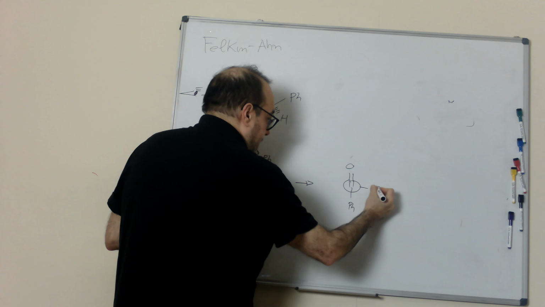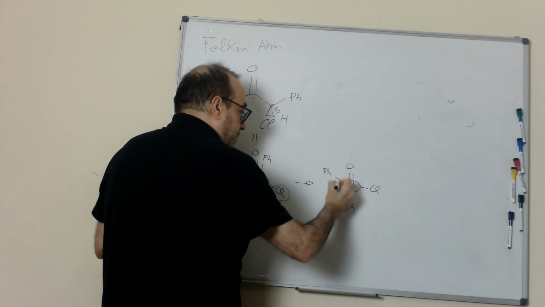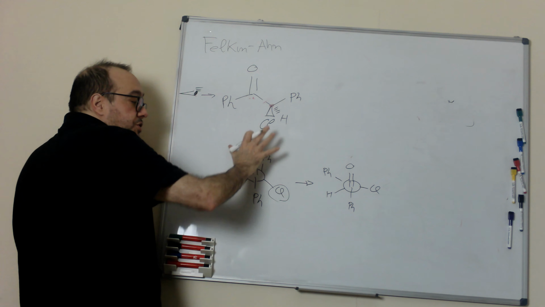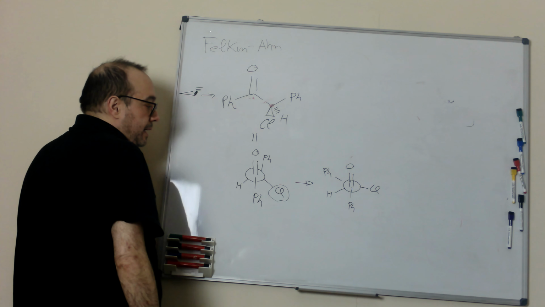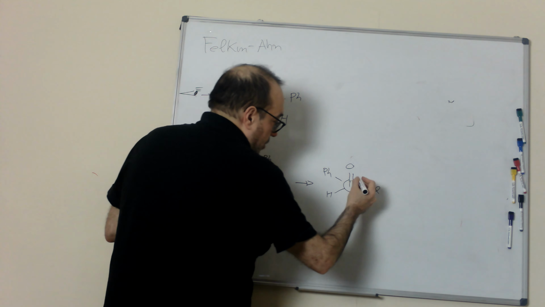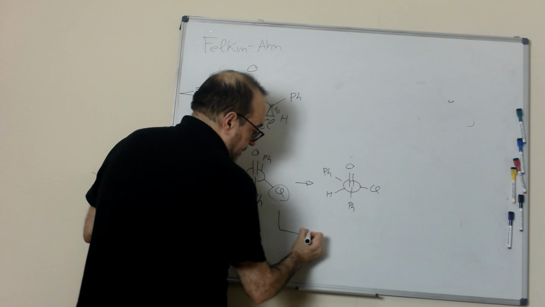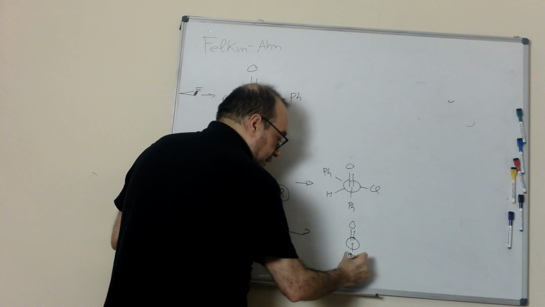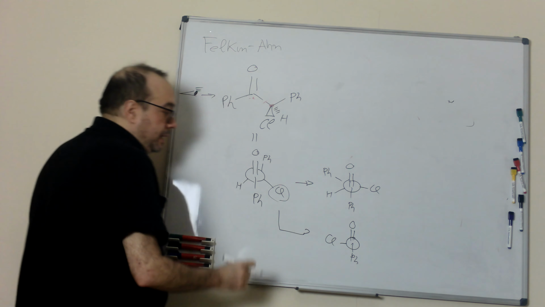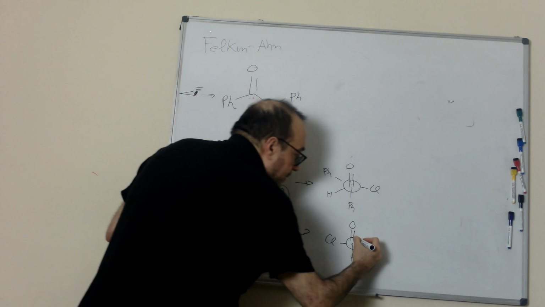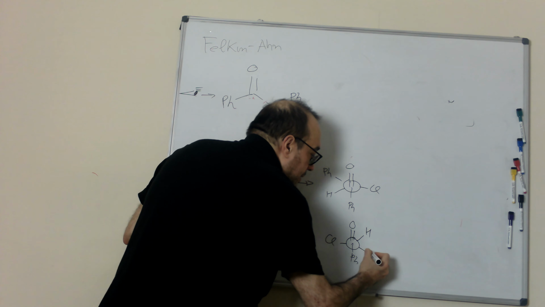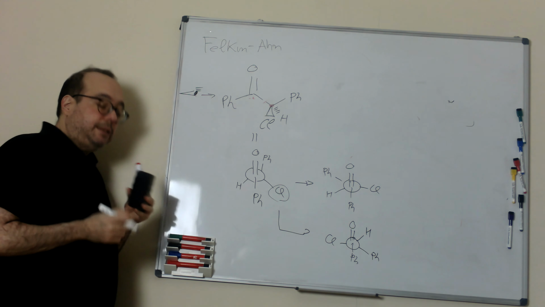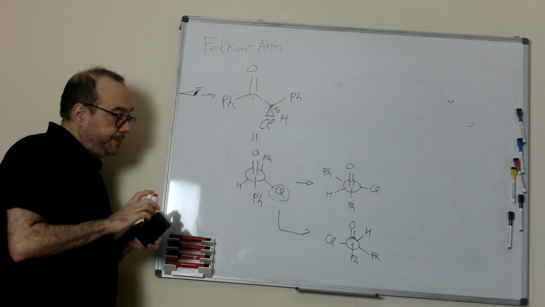I can put the chloride here, and then the phenyl is coming to this side, and the hydrogen is coming down. I only do a rotation. Or the chloride can be on the other side. If the chloride is here, what I have is hydrogen up, phenyl down. I am only rotating this carbon-carbon bond.